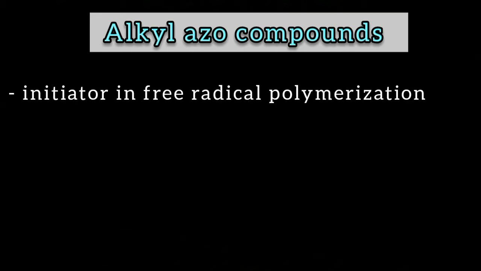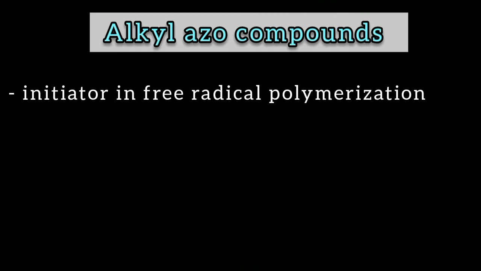Now we're going to be talking about the alkyl azo compounds, which are less common, and that's why we're not going to mention a lot of points about them. They can be used commercially as an initiator in free radical polymerizations.